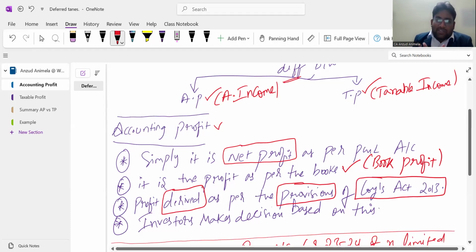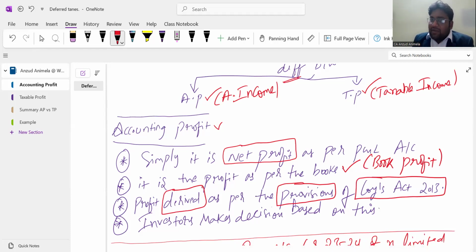Tata Motors Limited is a limited company incorporated under the Companies Act, so it has to abide by the provisions specified in the Companies Act in all aspects, including while preparing the books. So accounting profit is derived from the provisions of the Companies Act 2013.